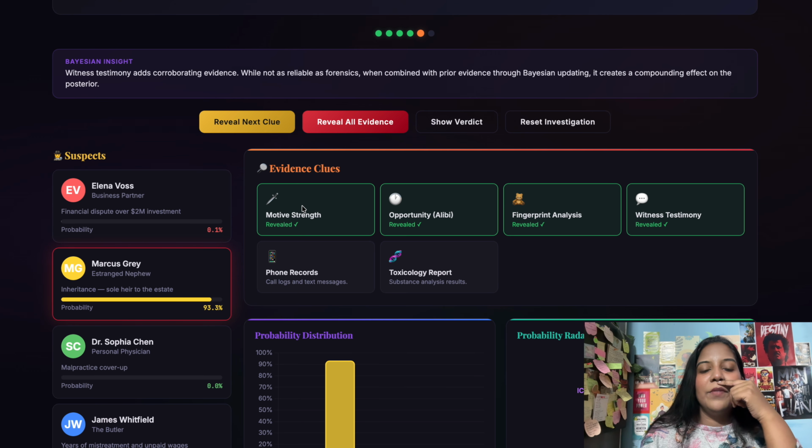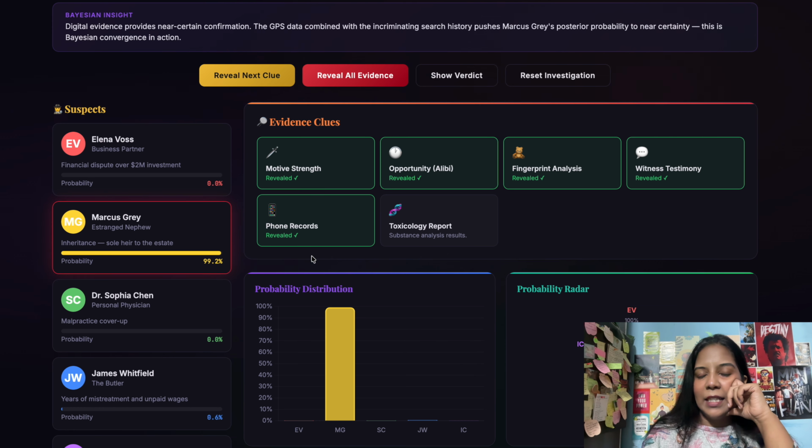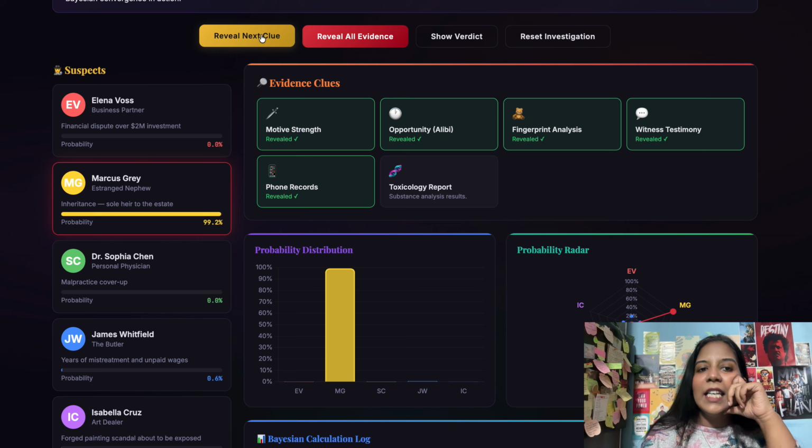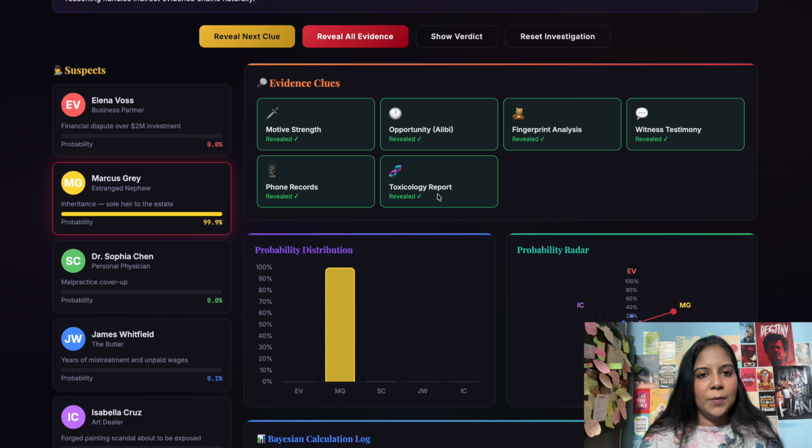When they asked everybody about it, they might have said Marcus. And phone records also confirm this guy. Then the toxicology report. He's been poisoned, I think, and there is only one person who has access to Mr. Victor's room. So he's the only person who can go inside.